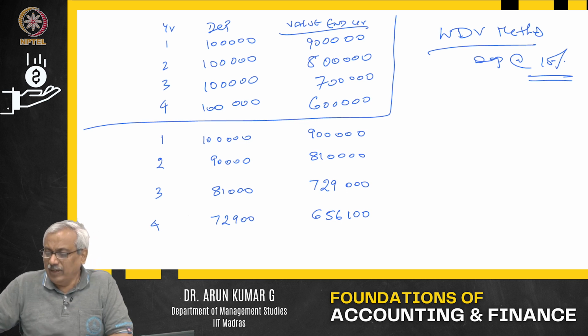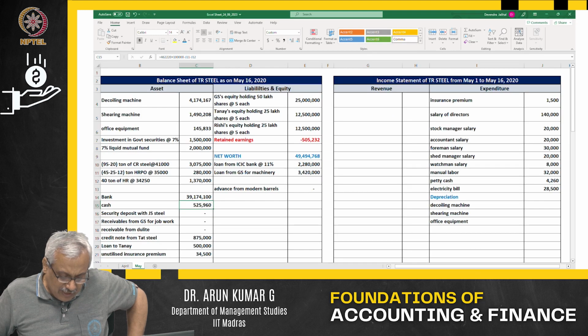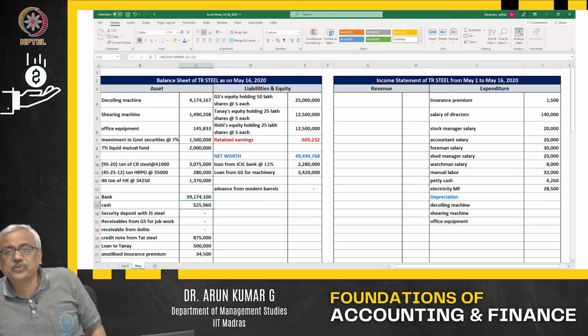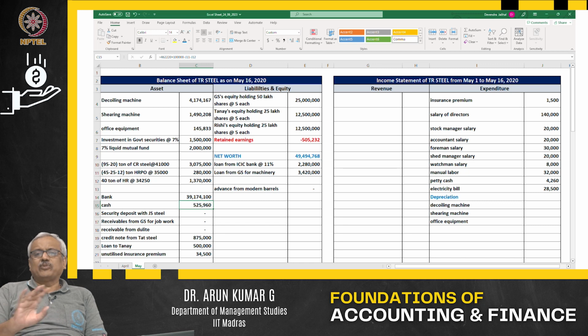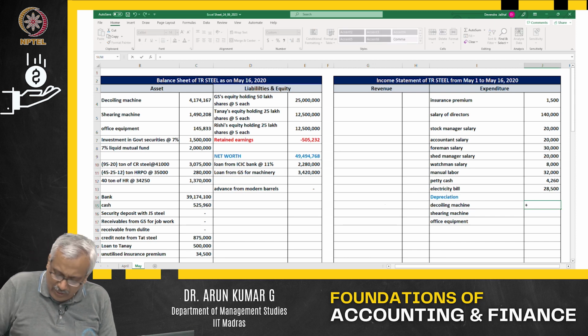In this example, whatever we have used, we will be using the straight line method of depreciation. That is what they have also given. When it is a straight line method of depreciation, the depreciation will be on the original value.